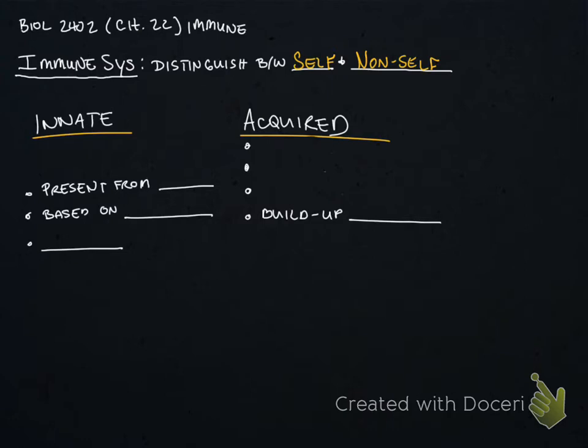So the innate immune system is general in nature, or non-specific, whereas the acquired immune system is very specific. The innate immune system is present from birth. For example, your skin is part of the innate immune system.